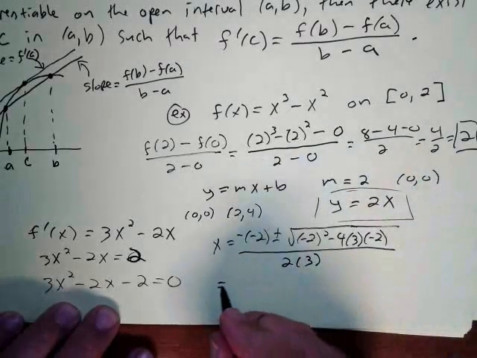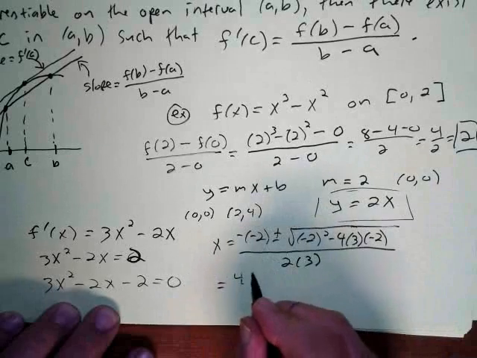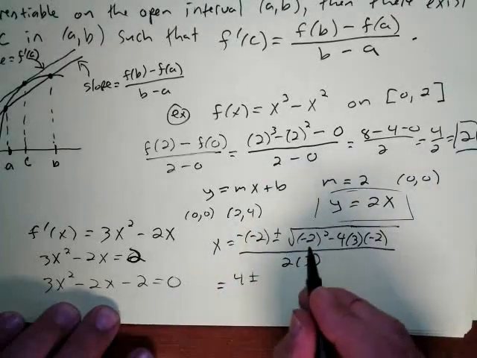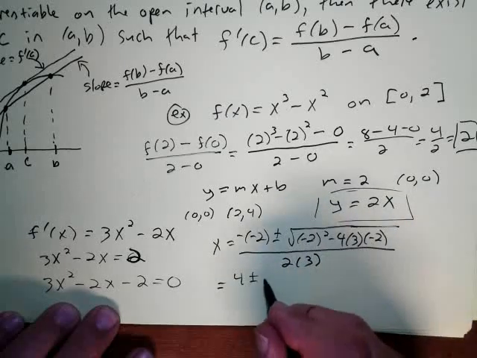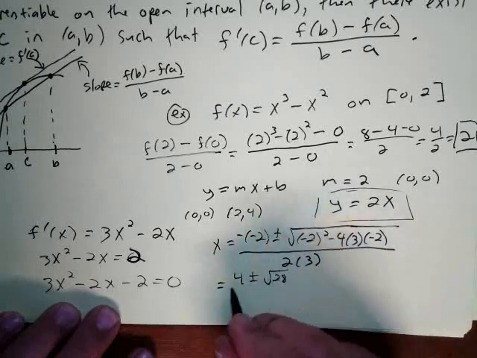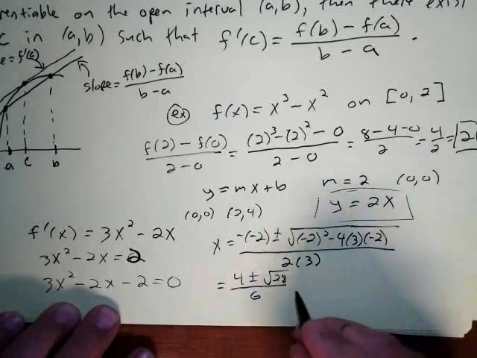Okay, so this ends up being 4 plus or minus the square root of 4 plus a positive 24, so the square root of 28, all over 6.